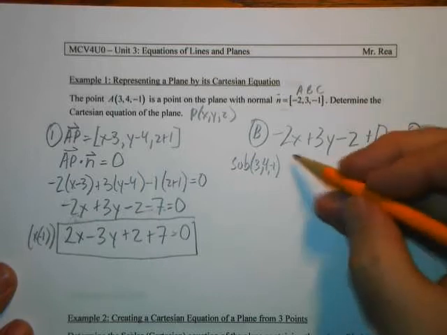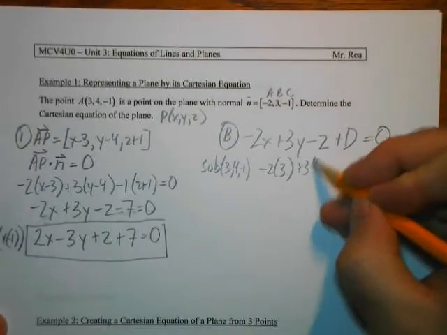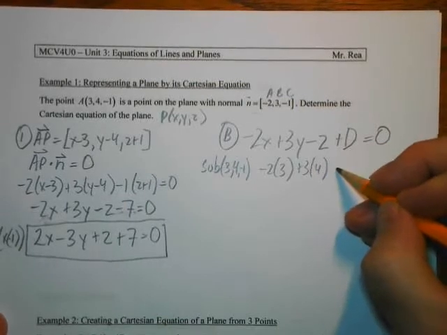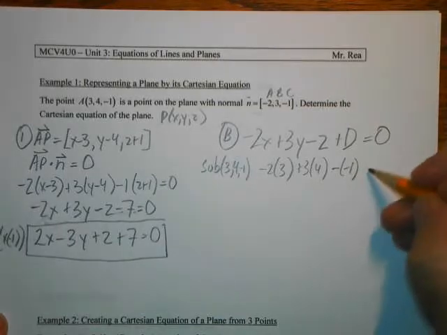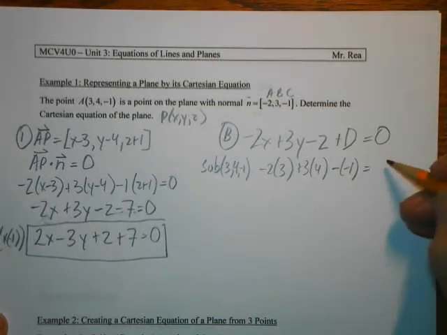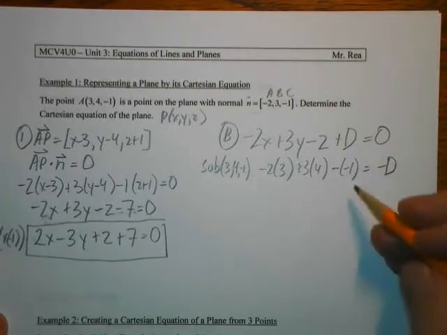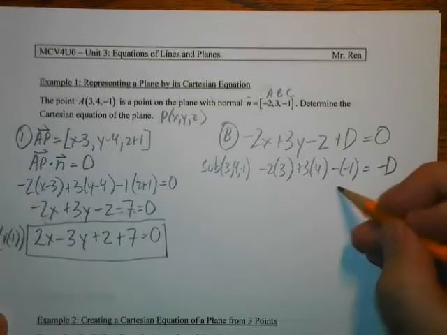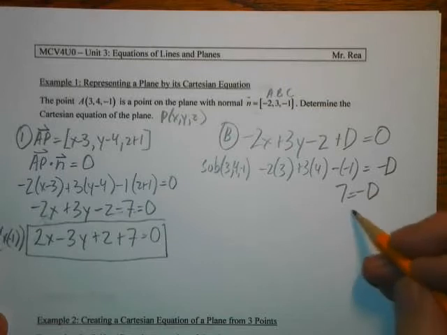So I get -2 times 3 plus 3 times 4 minus -1 equals, well, if I put the d over here, it'd be -d. Okay, so then I get 7 equals -d, but I really want d, so multiply both sides by -1.